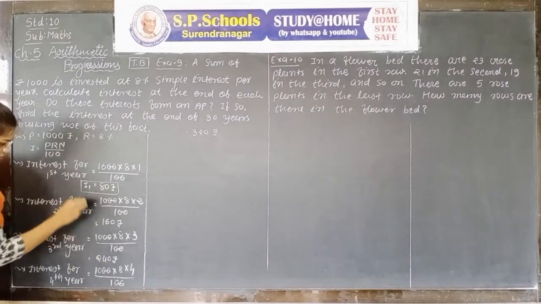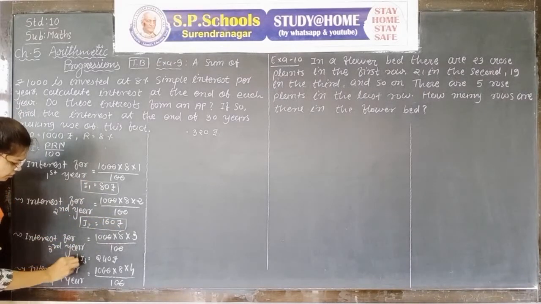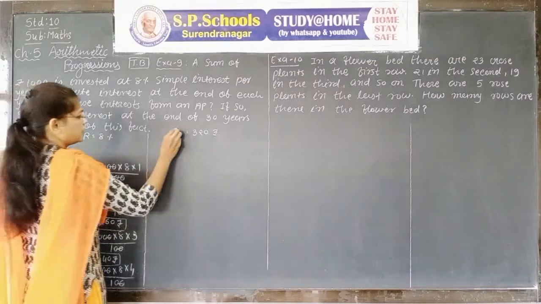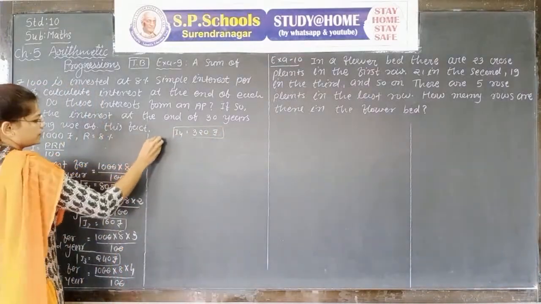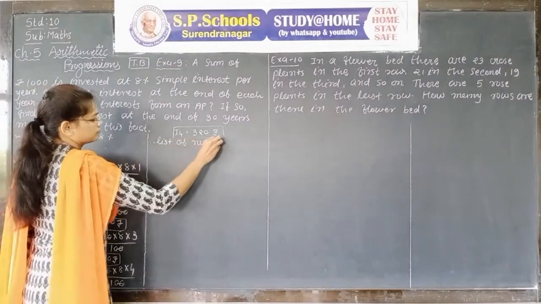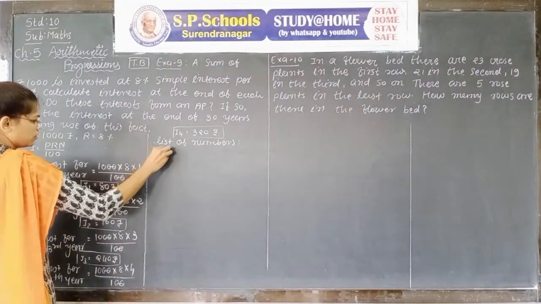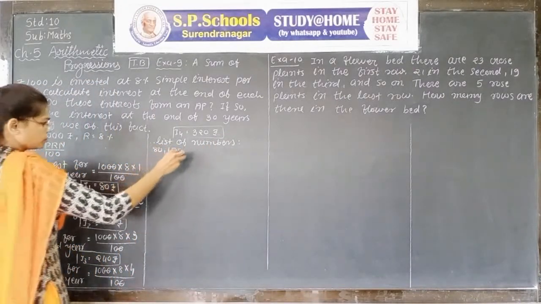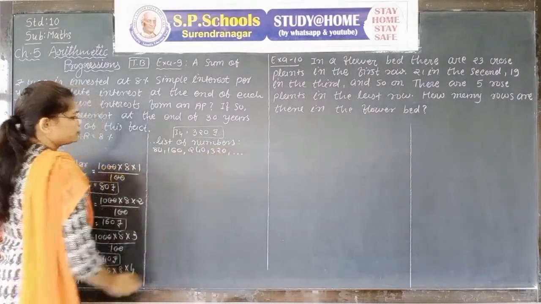I1, I2, I3 and here is the I4. It is a list of numbers. Therefore, the list of numbers: first is 80, 160, 240, 320 up to infinite.